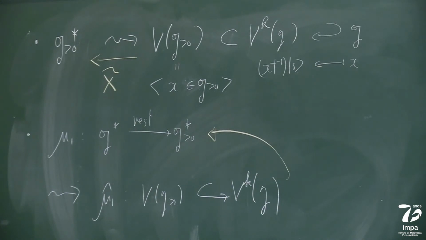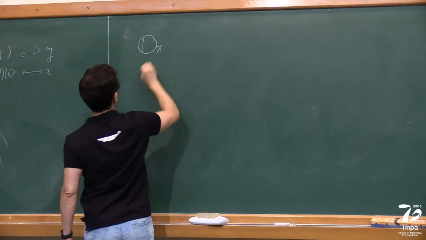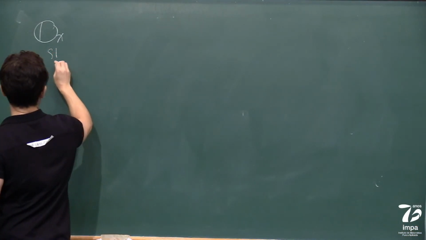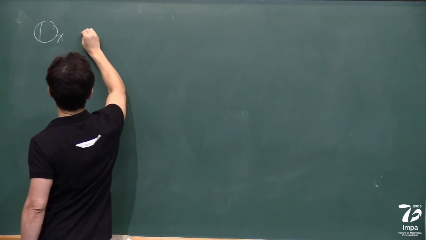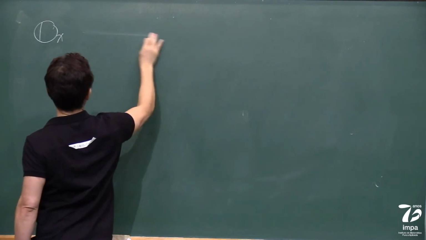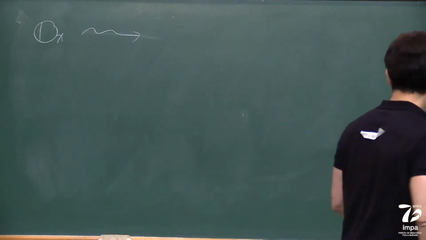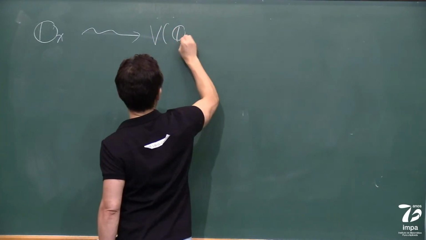So what else did we have? We had the orbit, or chi, which was isomorphic to the symplectic vector space. So I replace this by, maybe I write V of O chi.